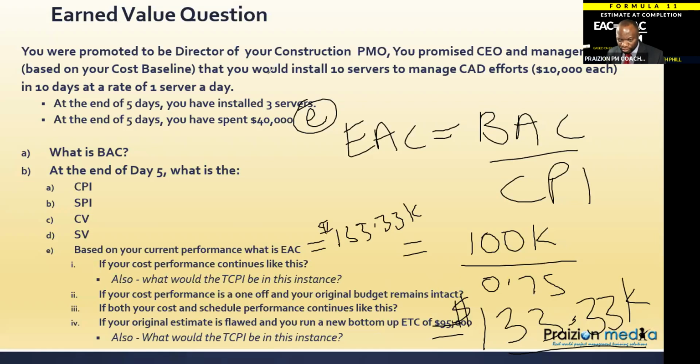Does it make sense? Or are there questions? Okay, Willanda says it makes sense. Did you think it was 75K? Did you multiply instead of divide? Okay, some of you got it right. Good.